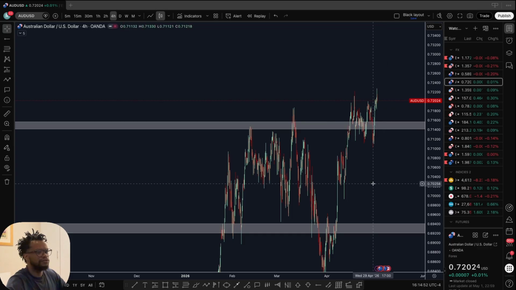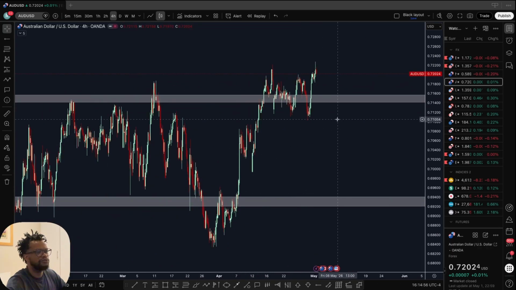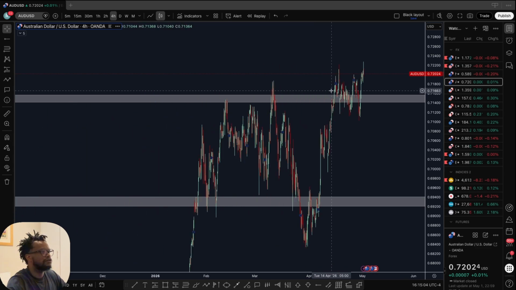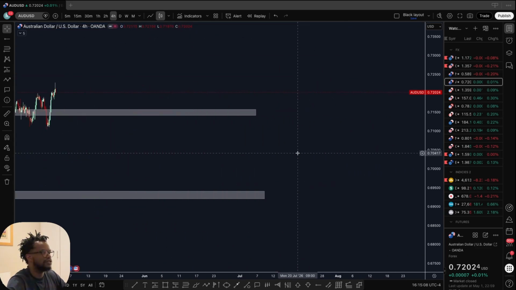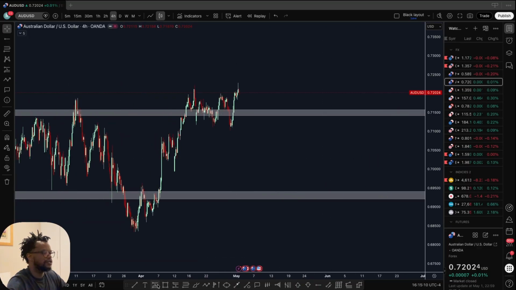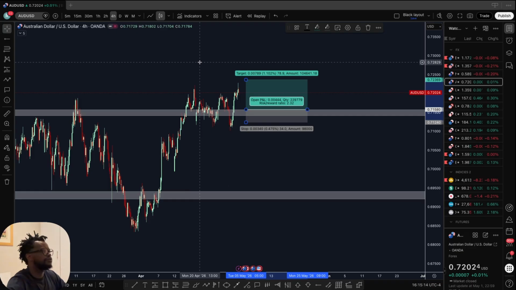I'd love it to maybe come back a little bit more for me to consider buying this. So Aussie dollar, I'm not going to entertain it because it's so strong, but we don't have a lot of room to move up. If, for instance, I look for an entry here, we are already in a premium zone.